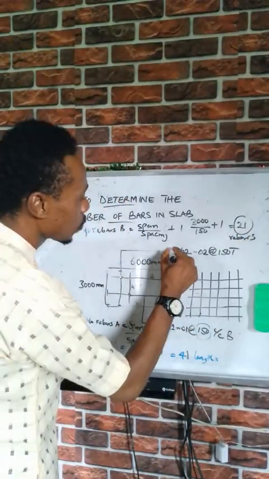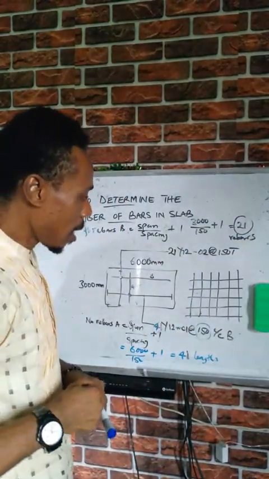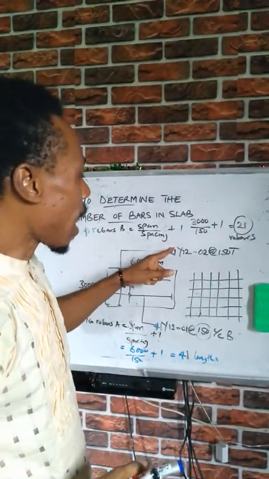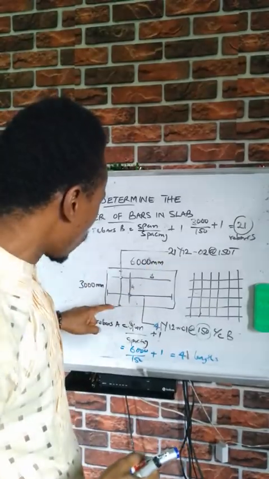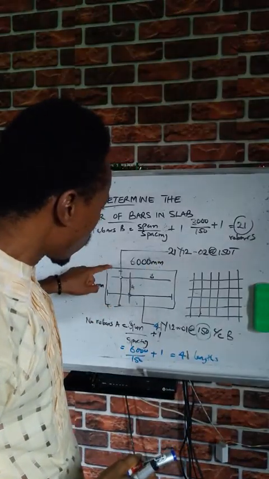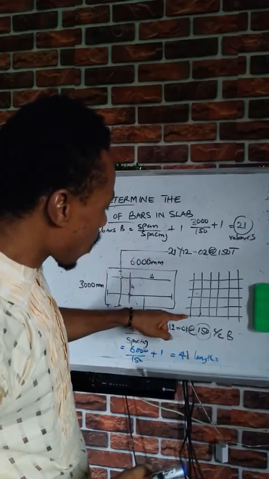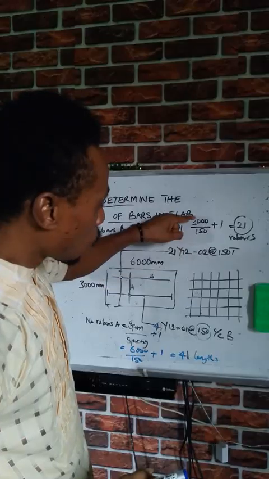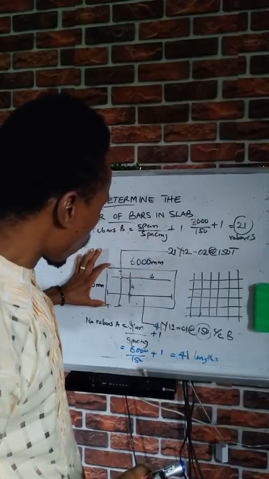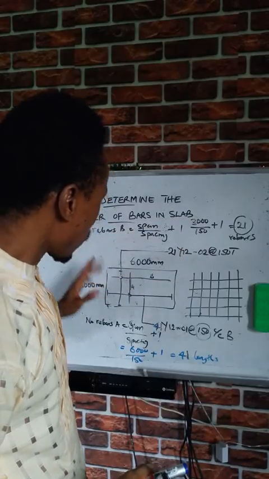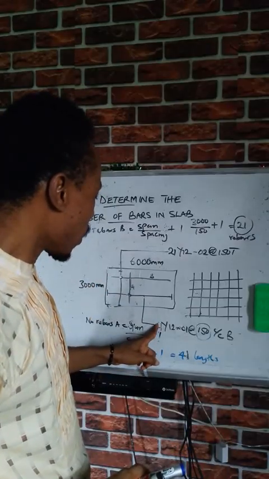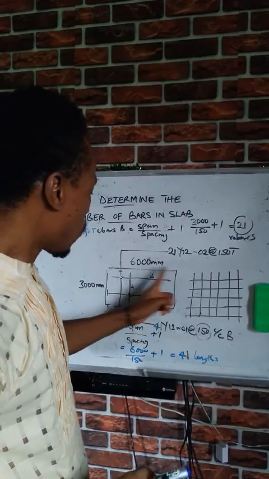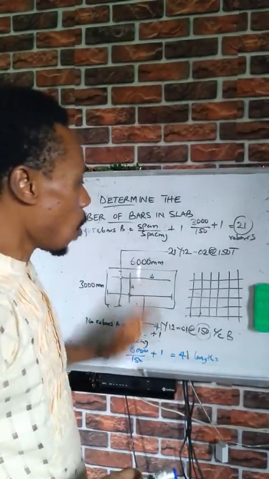So this 21 becomes the number of reinforcement that will span from this point to this point. You have 1, 2, 3, 4, 5 up to 20, so that is what will cover this length. Then we have 41, which will span from here to this point. That is how you distribute your bars.